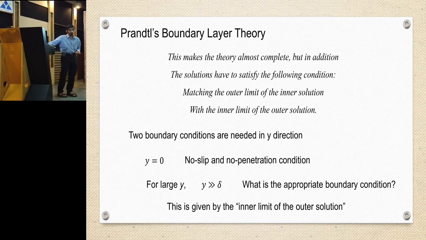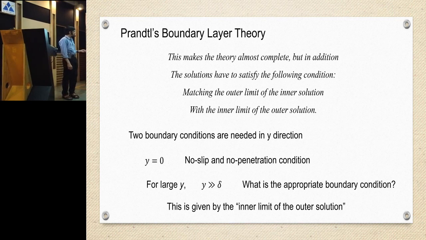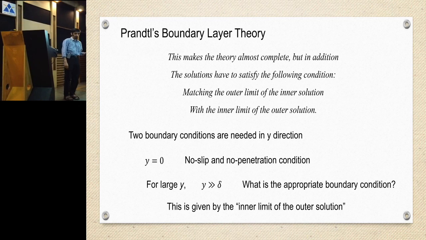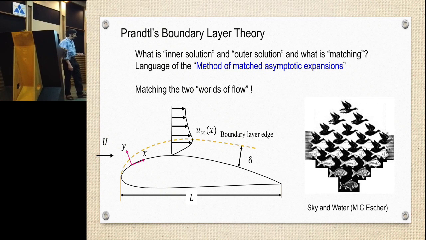So, how many boundary conditions will you need to solve the equation in y? 2 boundary conditions. So, one boundary condition is of course at y equal to 0 at the surface, no slip, no penetration. But then at large y, what is the other boundary condition? Outside the boundary layer. Okay. And that is actually given by the inner limit of the outer solution. Right? And what does that mean?